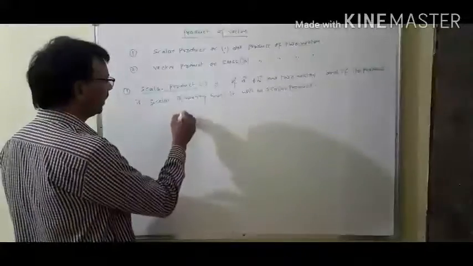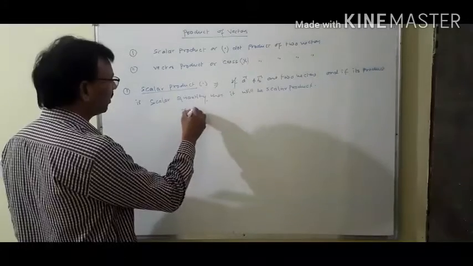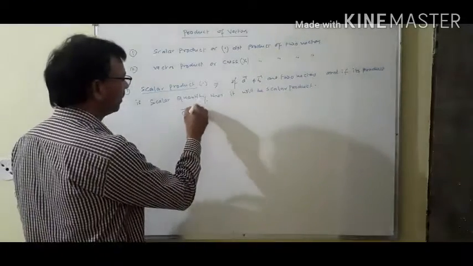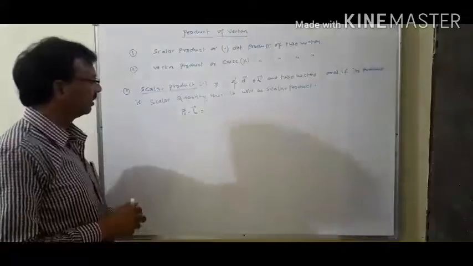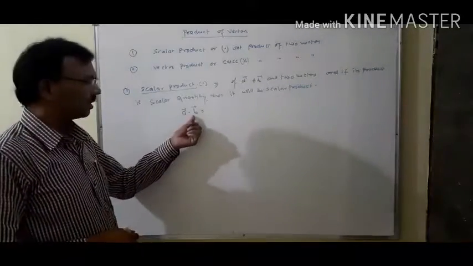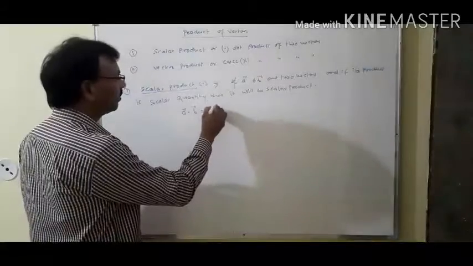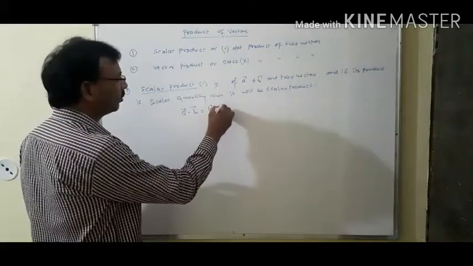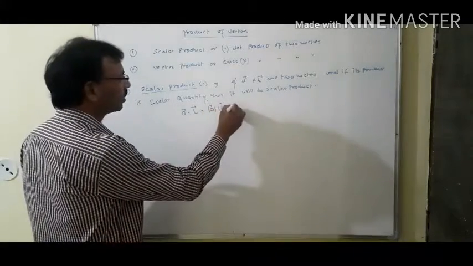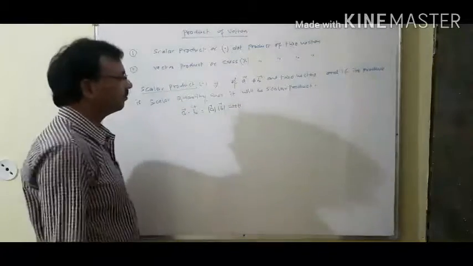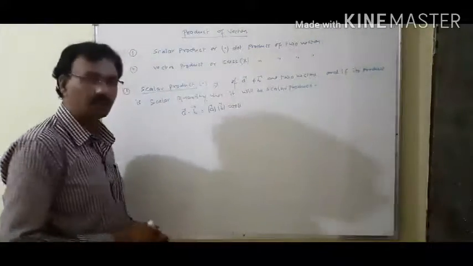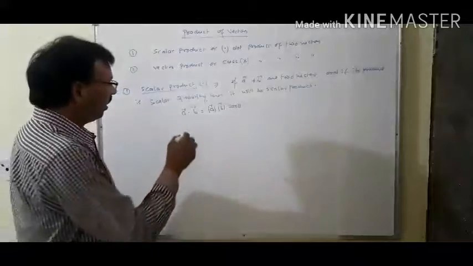It is denoted by vector A dot vector B. This is read as vector A dot vector B, and this will be equal to magnitude of A into magnitude of B into cos of theta, where theta is the angle between both vectors.